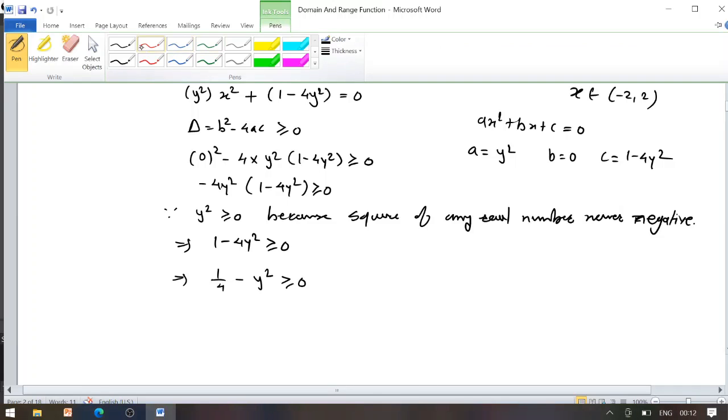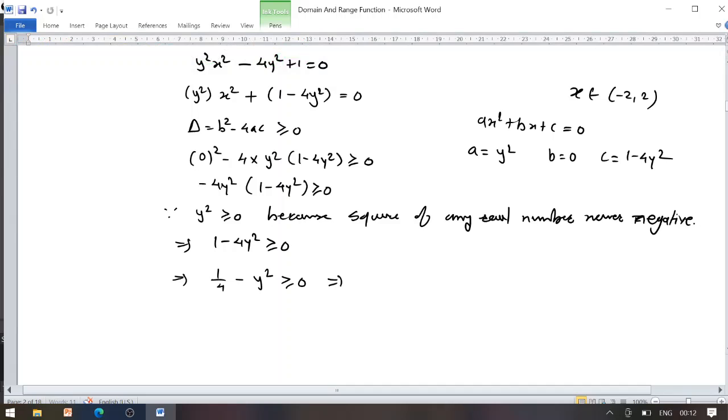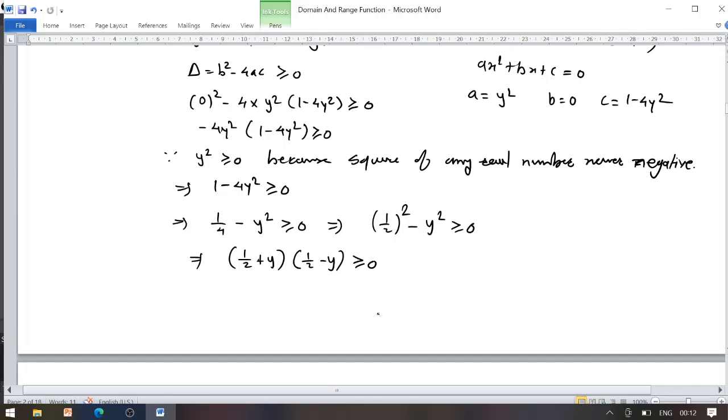Again, 1/4 is the perfect square of 1/2. So (1/2)² - y² should be greater than or equal to 0. Now as per the identity a² - b², the factors of (1/2)² - y² become (1/2 + y)(1/2 - y) ≥ 0. So again there are two cases.